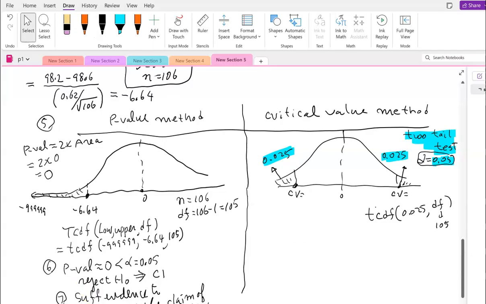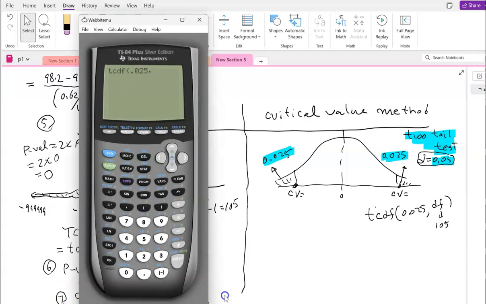You put those numbers in the calculator, 0.025 and 105. Oh, not TCDF. Sorry about that.